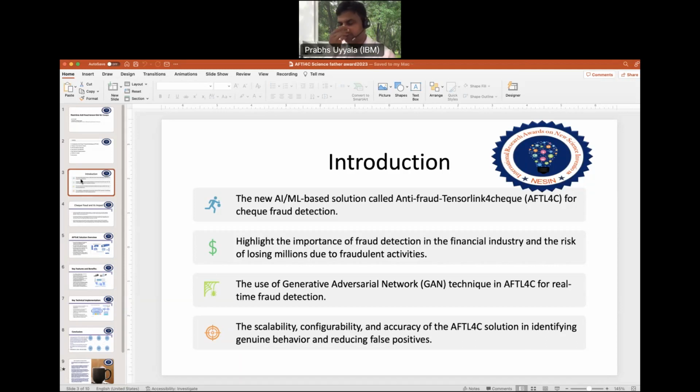One of the ideas that came out of that is AFTL4C, the real-time fraud detection. This application is scalable, configurable, and its accuracy is higher than the current industry-standard fraud detection systems, which we will deep dive into in the coming slides.